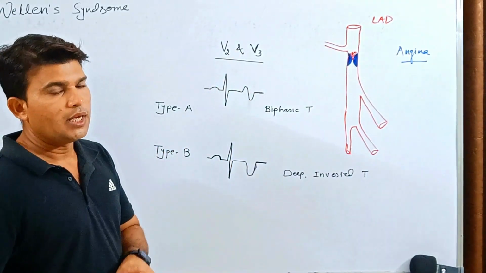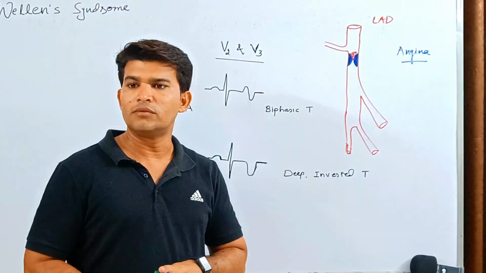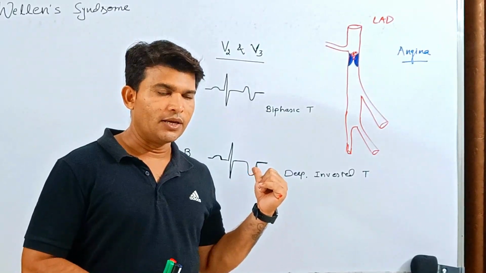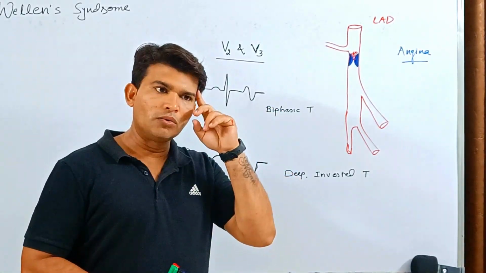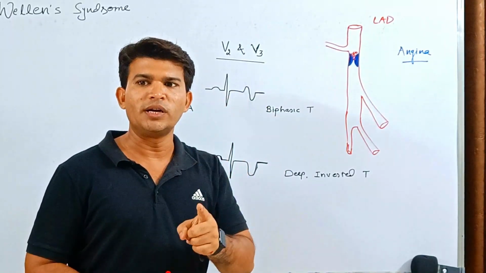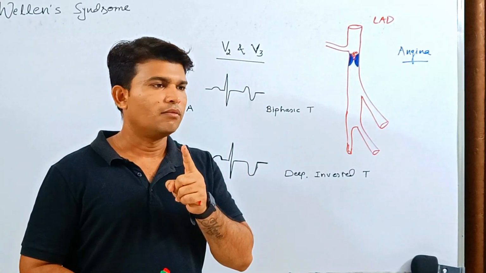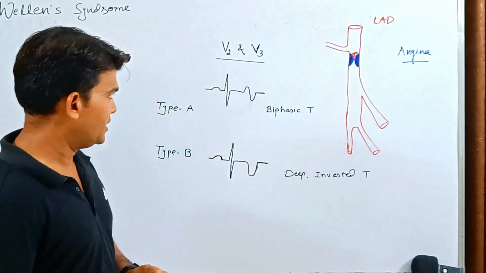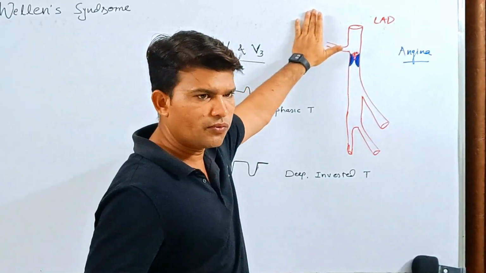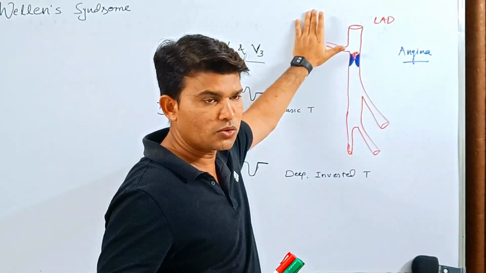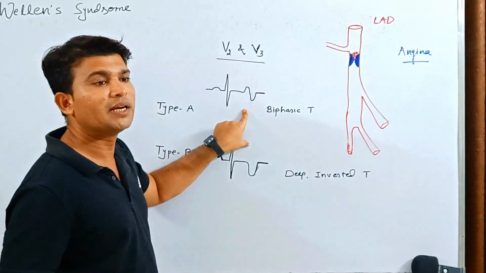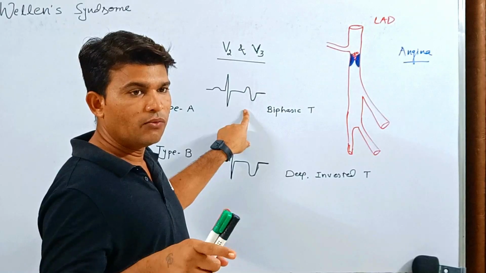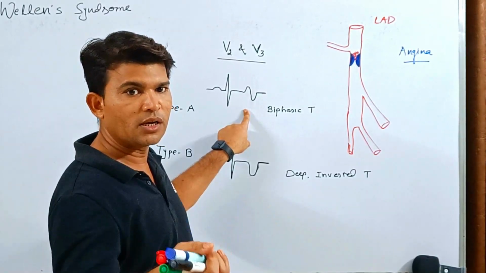If the patient has recent signs of angina or chest pain, and you do an ECG and see this sign, then you have to think about a critically occluded LAD, like critical stenosis of the left anterior descending artery. Don't wait for the next episode. This sign also indicates that the patient will develop reinfarction within the coming few days or weeks.